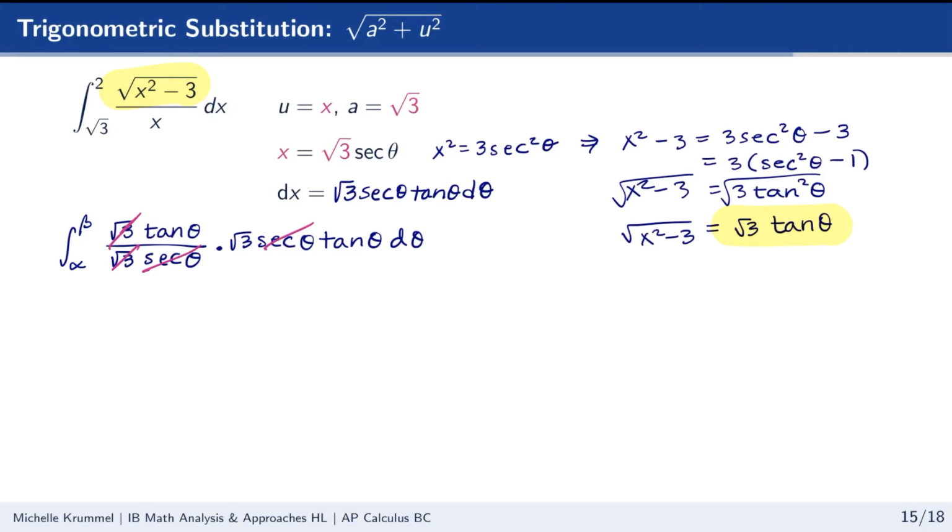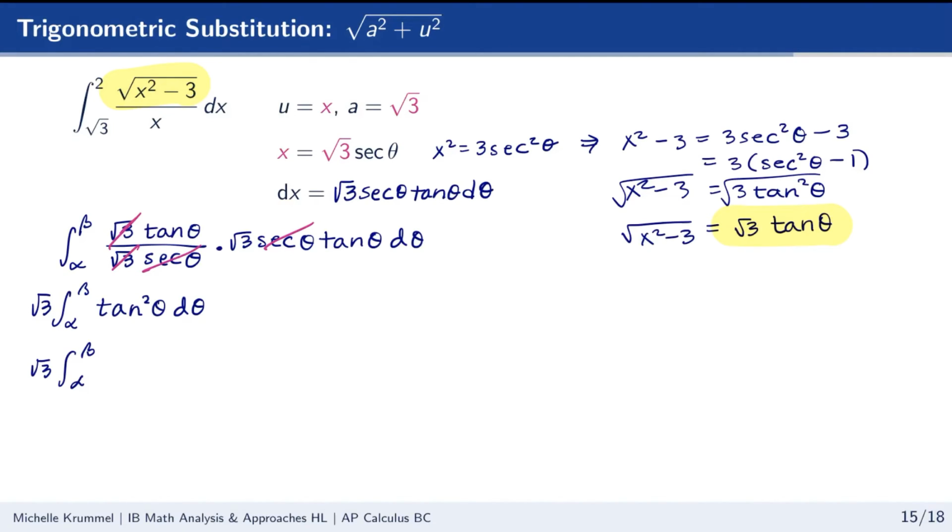So we have a common factor of root 3 and secant theta. And we are left with integral from alpha to beta. Root 3 is a constant multiple. I'll bring out tan theta times tan theta, so tan squared theta d theta. How do we integrate tan squared theta? Well, we can use a trig identity.